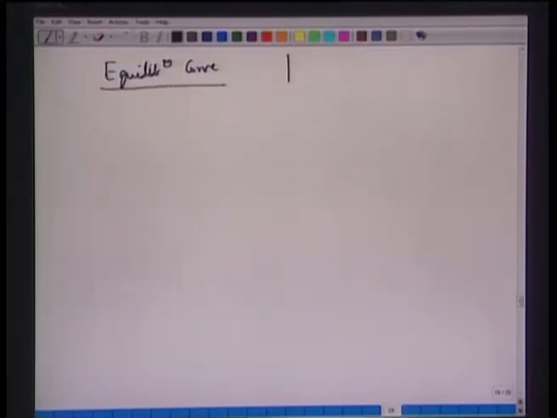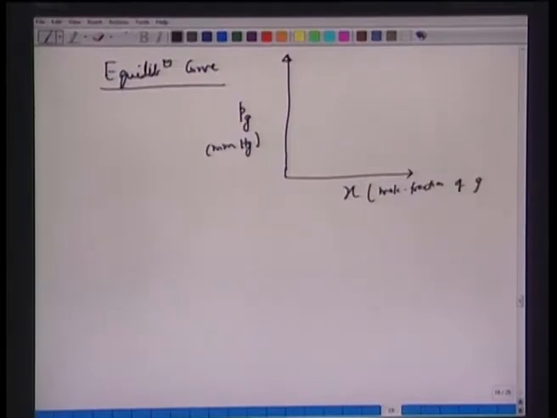We are starting from here: given the partial pressure in the gas phase, say certain millimeters of mercury, how much should x be. So, Pg versus x, or x versus Pg, the mole fraction of gas in the liquid phase.